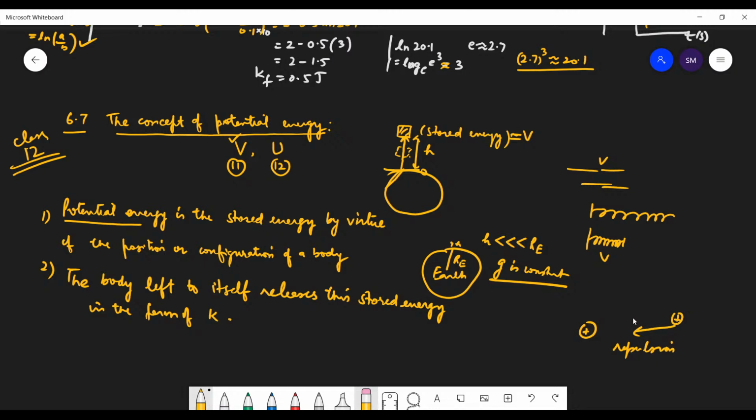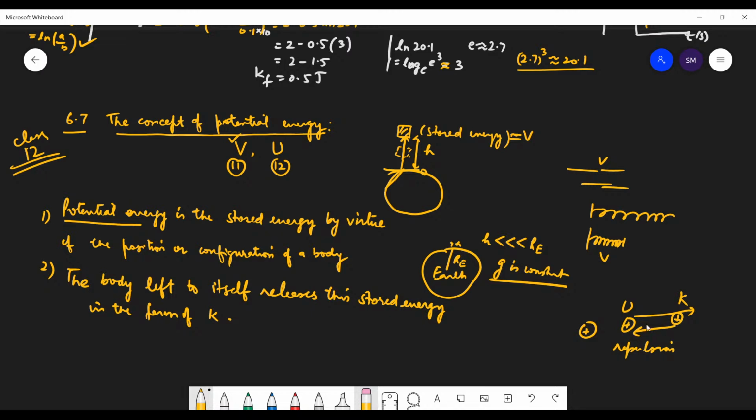So you have brought this charge from here to here. Now potential energy is stored in this charge. Now leave this charge, it will be repelled, and again it will possess kinetic energy. So the same is the case here. You are doing work against the gravitational force, and that is why the energy is stored.